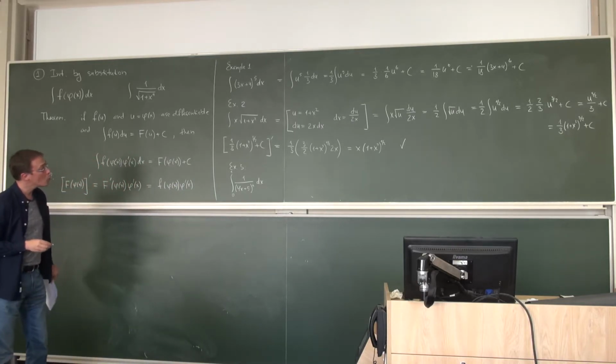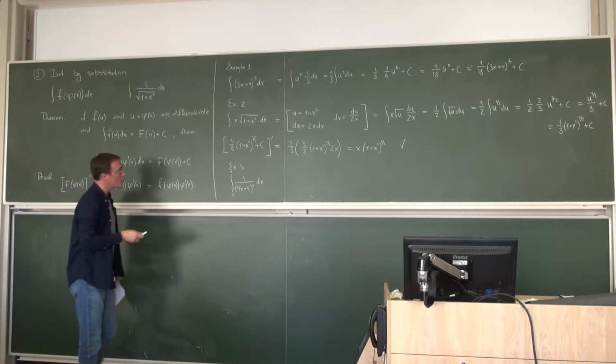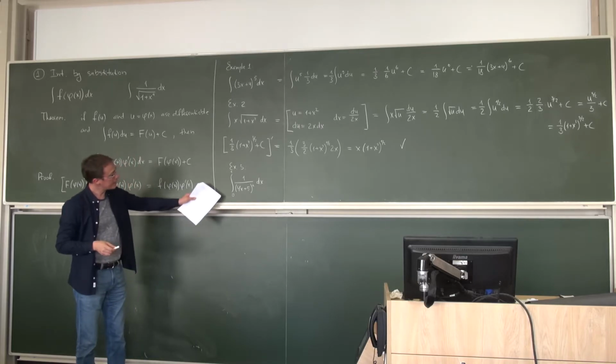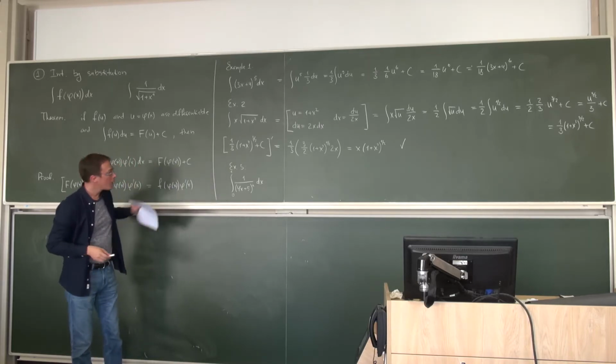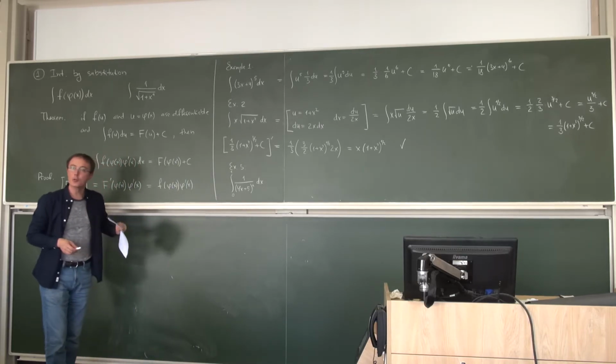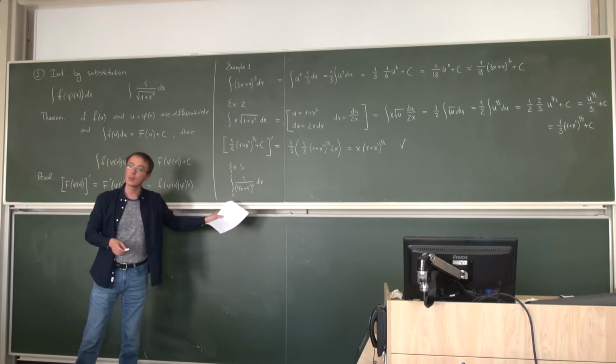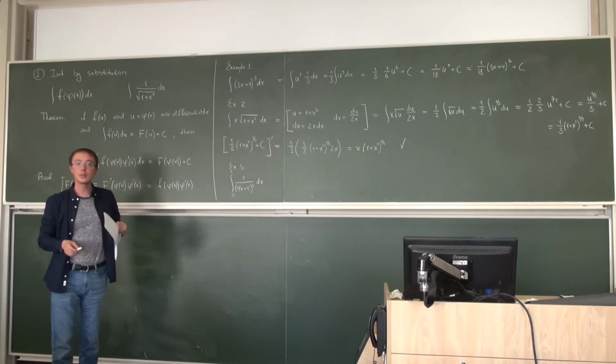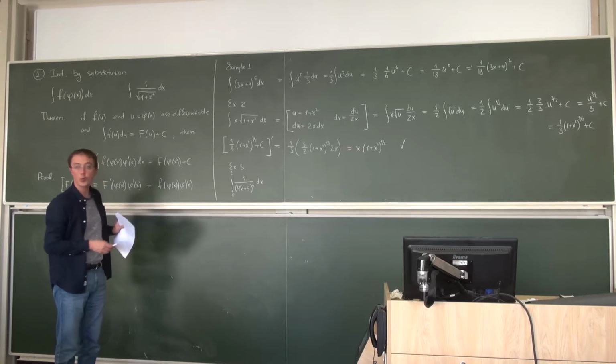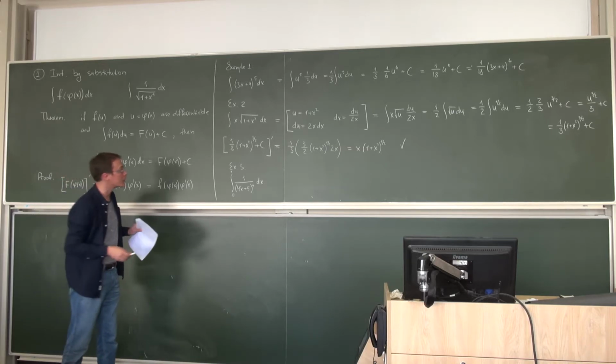Now, we have an additional complication here in that we have the limits. Now, these limits refer to the original variable. When we substitute the variables, we will need to transform the limits correspondingly.